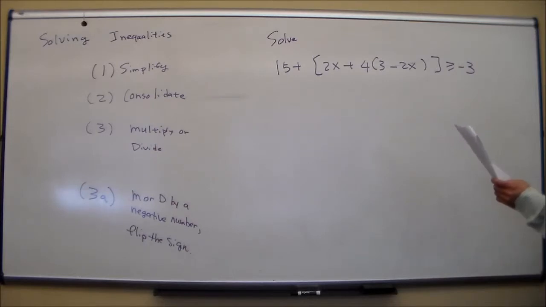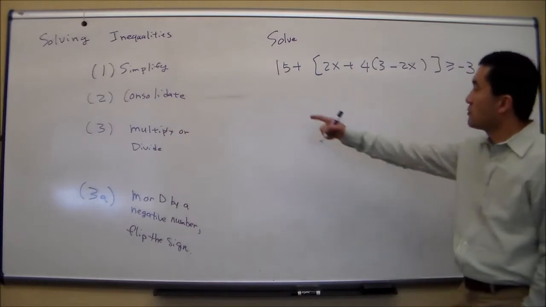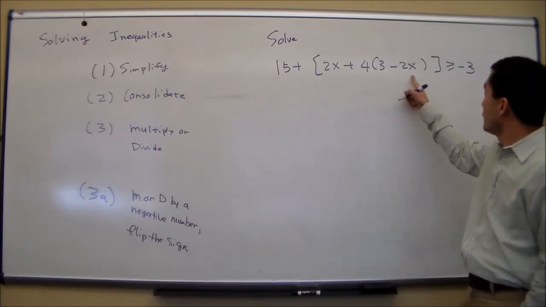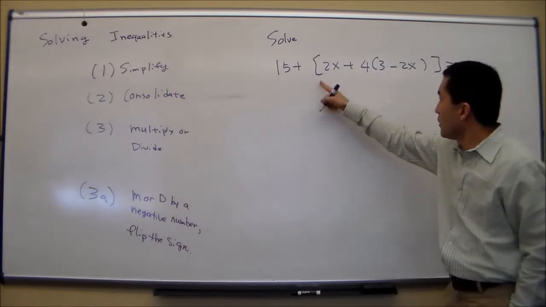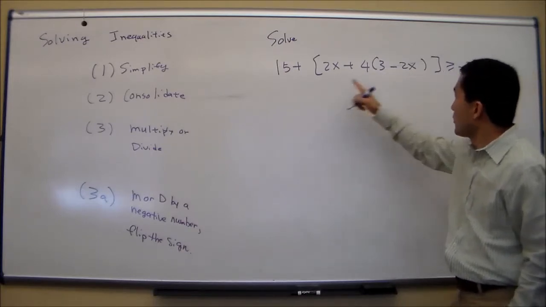Plus 2x plus 4 times 3 minus 2x is greater than or equal to negative 3. So same rules, simplify. I cannot simplify inside the parentheses, so I'm going to distribute to the bracket.